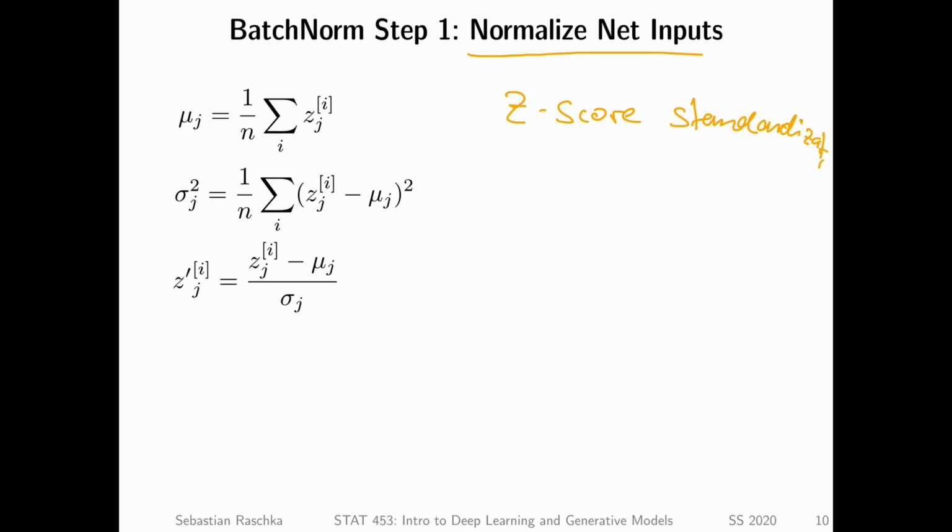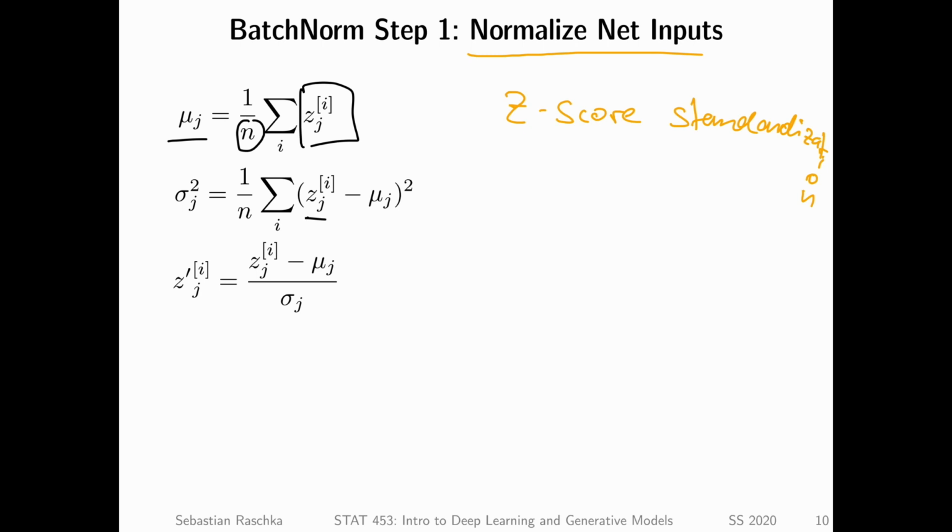Okay, I'm running out of space. Okay, z-score standardization. So first what we do is we compute the sample mean of all the examples or the net inputs in the mini batch. So again, n is the mini batch size. Then we compute the variance of all the net inputs in the mini batch.